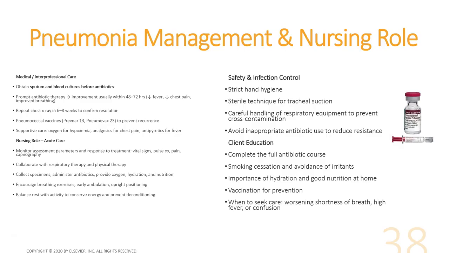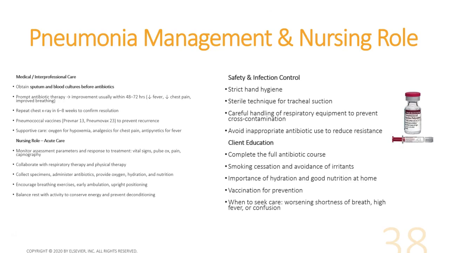The best thing that we can do too is educate the patients on prevention, especially the geriatric community who is at a very high risk and those who already have chronic lung disease, to get the pneumococcal vaccines. And there's 2 different types. It's basically essential. It just helps prevent this from occurring.